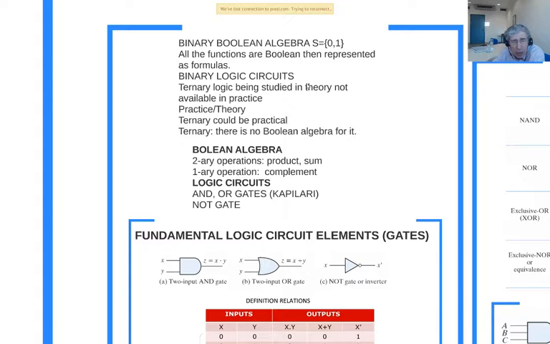We will be dealing with only the algebra where the S set has 2 elements only. That's why we call it binary logic circuits: binary, 0, 1, 2 of them. So in Boolean algebra, we've got 2 binary operations, product and sum, and 1 unary operation, complement.